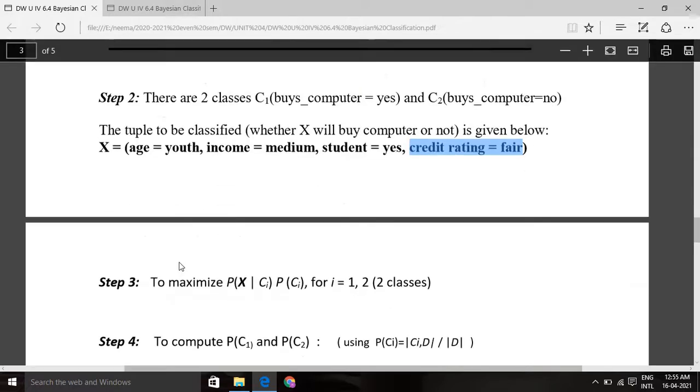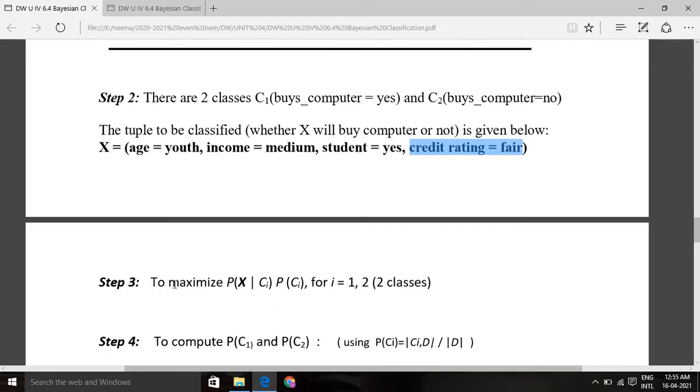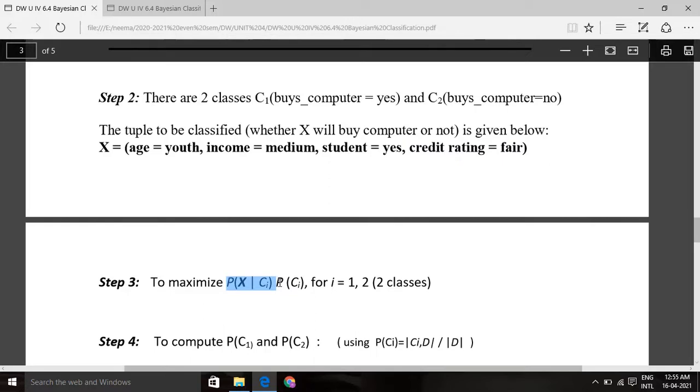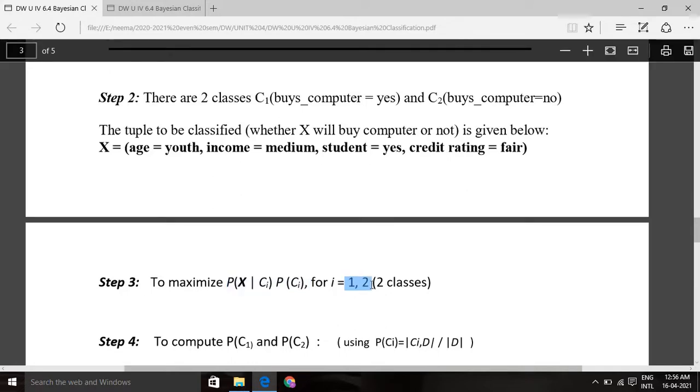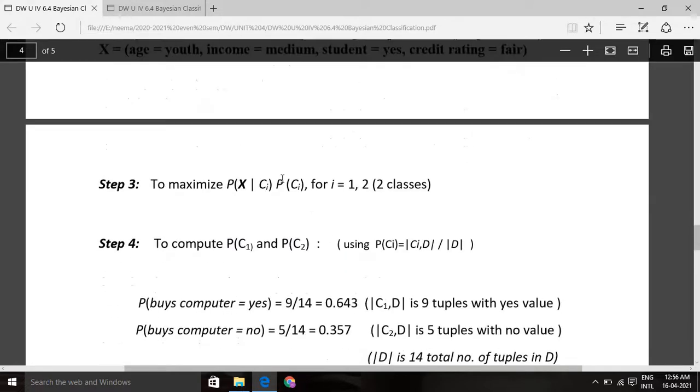To find out this classification, we have to maximize the probability of X given Ci times the probability of Ci. For i we have 2 values, 1 and 2. First we compute the probability of Ci, that is probability of C1 and probability of C2.